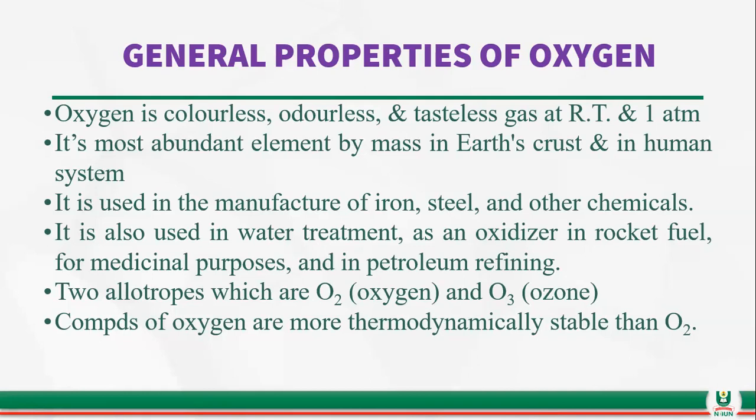And it can appear in a triatomic nature, that is O3, what is called ozone. Oxygen is used in those things, but ozone is used in water treatment, in the manufacturing process, as an oxidant in rocket fuel, for medicinal purposes, and in the petroleum refinery.